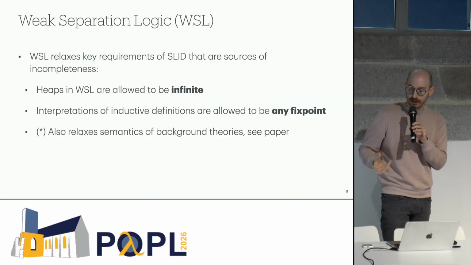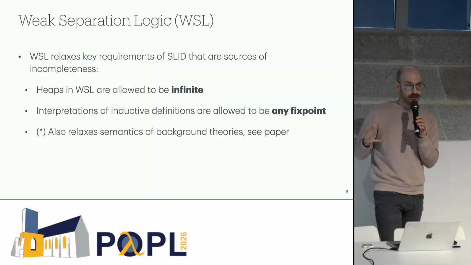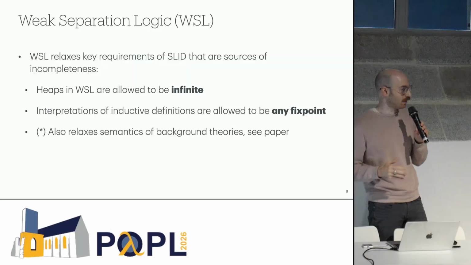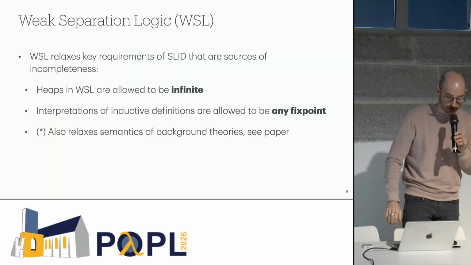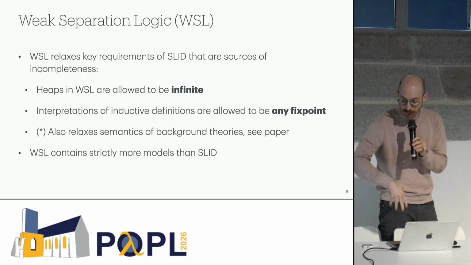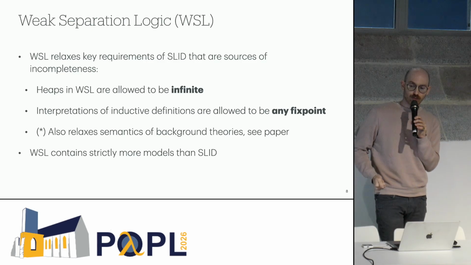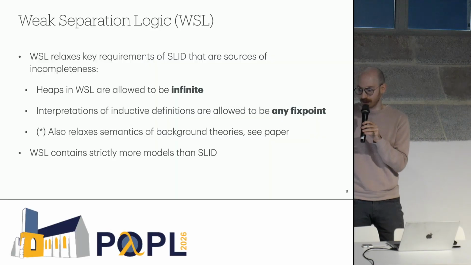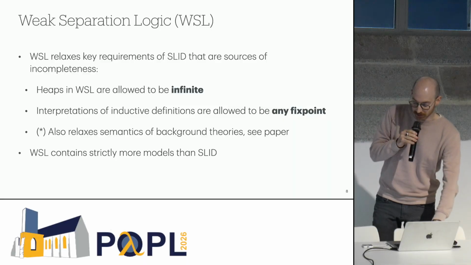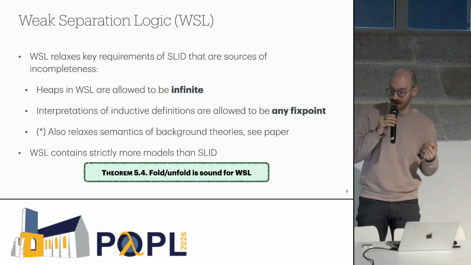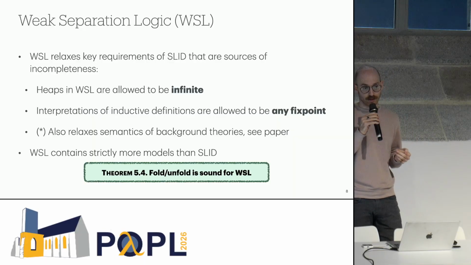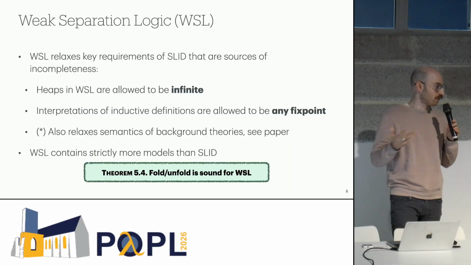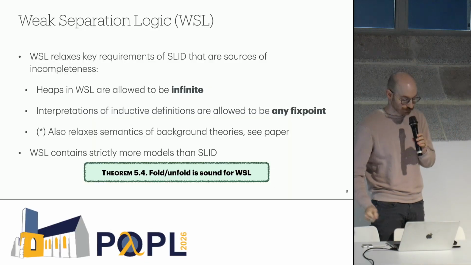And we also relax the semantics of background theories, and you can see the details in the paper, but for this talk, I'm going to ignore background theories. All of these relaxations mean that weak separation logic has strictly more models than separation logic. And we have this theorem that fold and unfold reasoning is sound for weak separation logic. So when we reason with fold and unfold, we must consider all the models of weak separation logic.